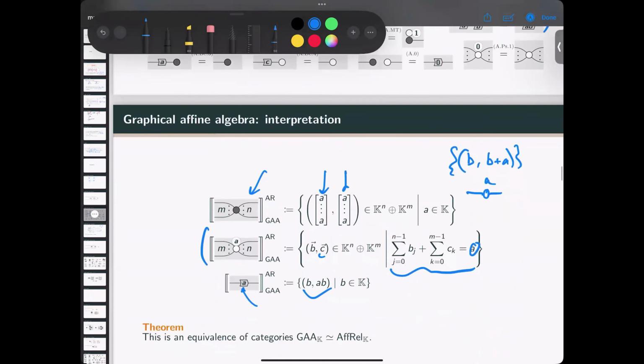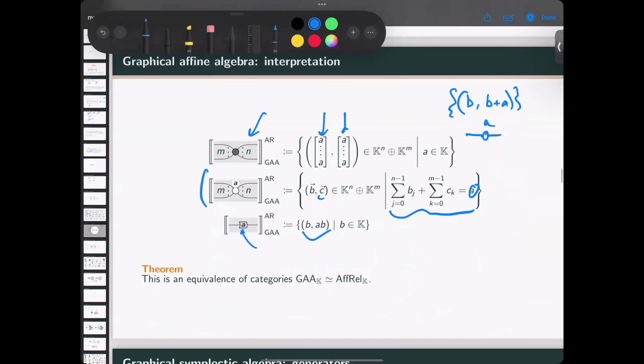Okay, so this set of axioms up here was proved, in the paper that I just cited by Bonchi et al., to be both sound and complete for the category of affine relations, for this interpretation. And so what we get is an equivalence of categories between this diagrammatic language and the category of affine relations.